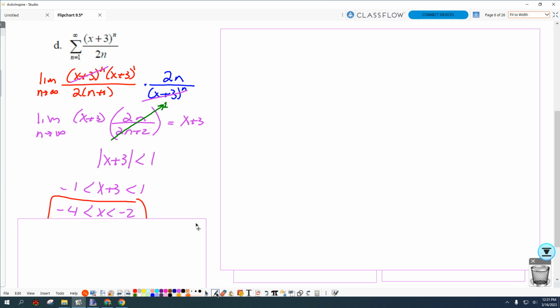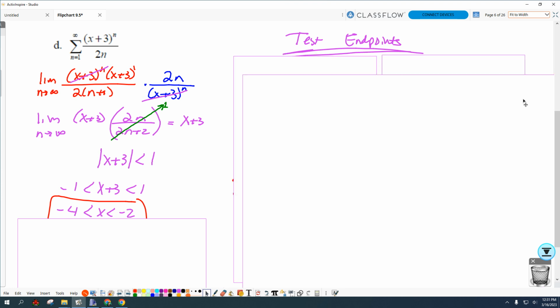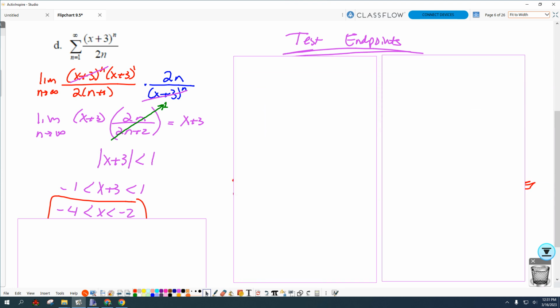Okay, so are we done? No. Hunter says no. Arjun says we have to test the endpoint. Okay, Hunter, which one should we test first? -4. Okay.